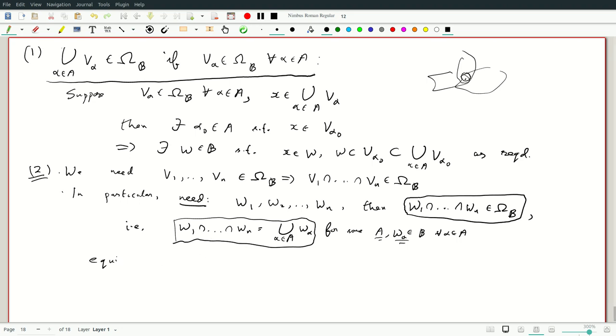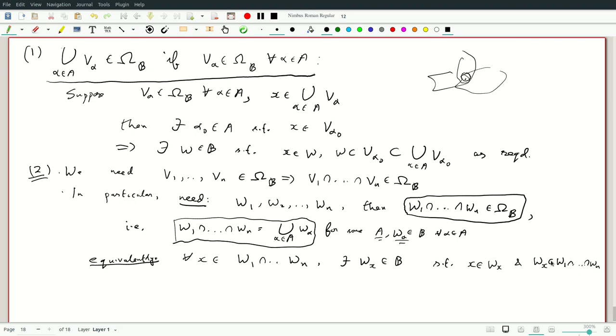Or equivalently, often more convenient to verify, we know a characterization of omega B. Equivalently, for all x in W1 intersection ... intersection Wn, there exists, let's call it Wx in B, such that x is in Wx and Wx is contained in the intersection of these.